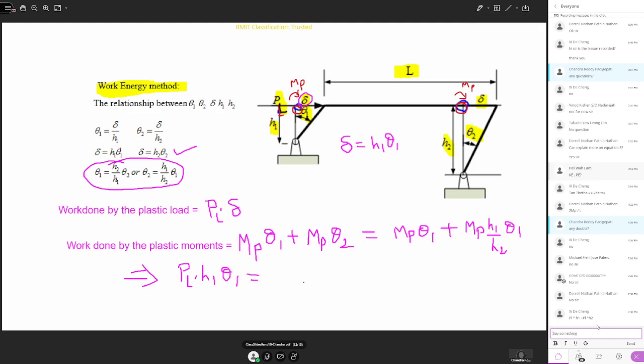Here you can write theta1 multiplied by the plastic moment MP times, so here you can cancel out this theta1 on both sides. So here you can write this as MP into 1 plus H1 over H2.